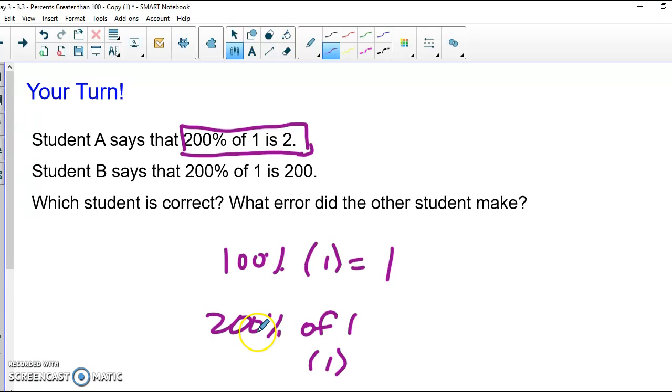Well, 200% as a decimal would be 2 because I moved my decimal point 2 places to the left. So I truly would be multiplying 2 times 1 to get 2.